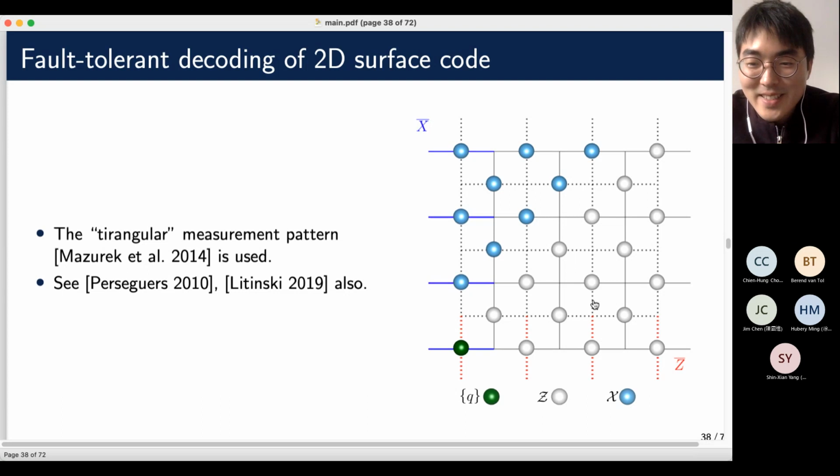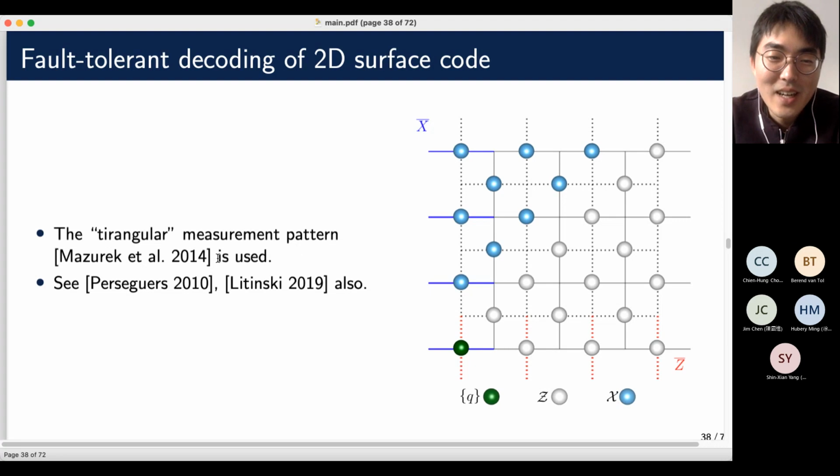And here is the diagram. What was the set X and set Z, which has this triangular measurement pattern. Here, I would like to mention that this pattern was first studied in this paper by Bravyi and Kitaev in 2010, and also by Mazurek and other people in 2014.